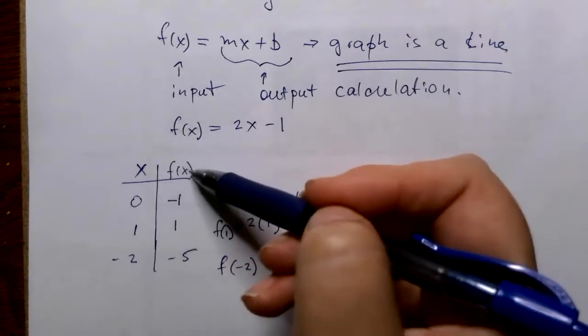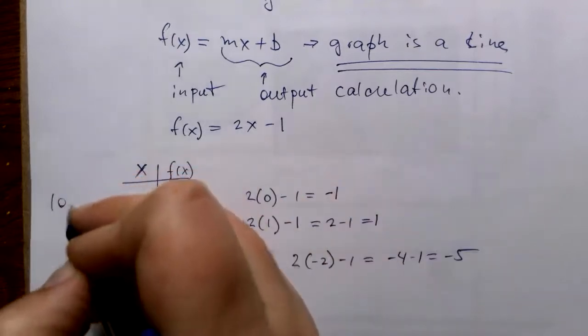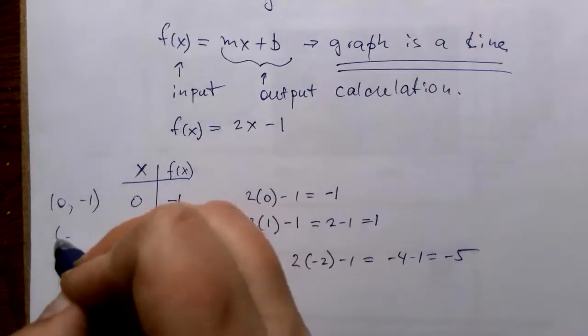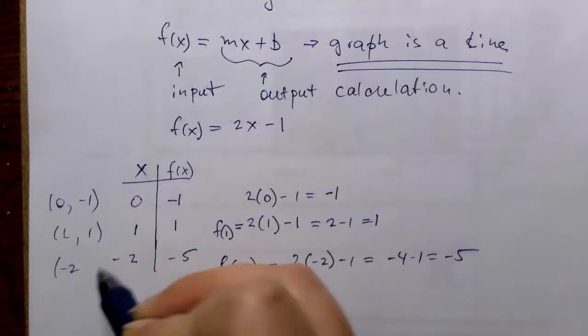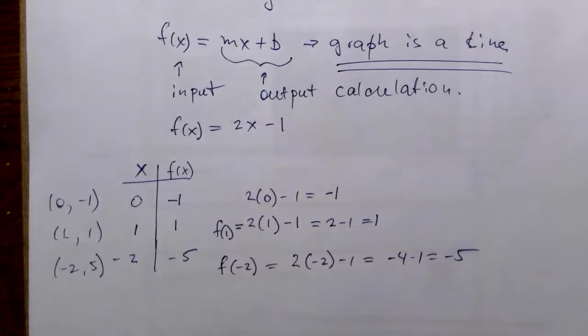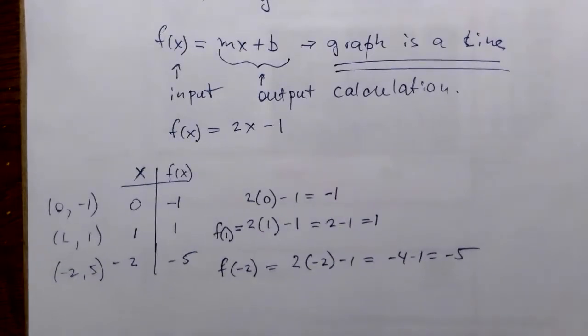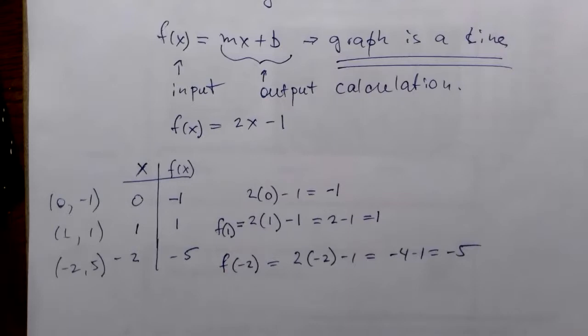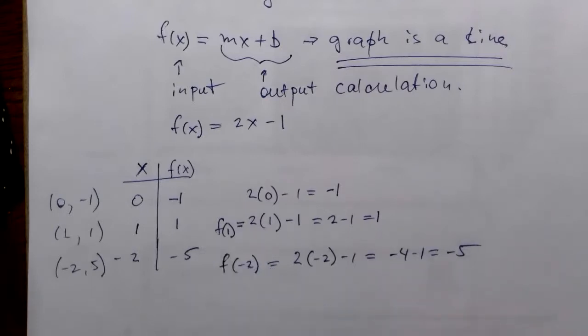We know that f of x stands for y, so we now have ordered pairs: (0, -1), (1, 1), and (-2, -5), and then you put those points on the graphing paper, on the coordinate system. This is our basic graphing technique.